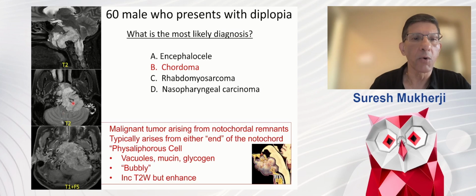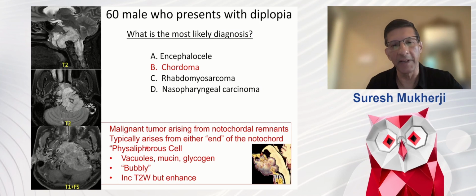Now, the reason why chordomas have this high T2 signal, on first glance, you can say, hey, does this look like an encephalocele extending into the nasopharynx? But realize when we give the T1 weighted image with contrast and fat suppression, this is a solidly enhancing mass. The reason that chordomas have increased T2 signal is that they have these cells referred to as fossiliferous cells.